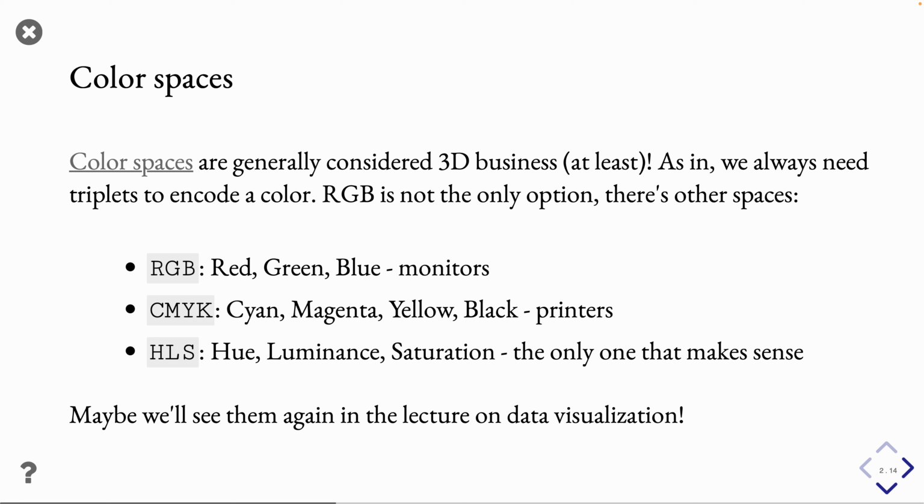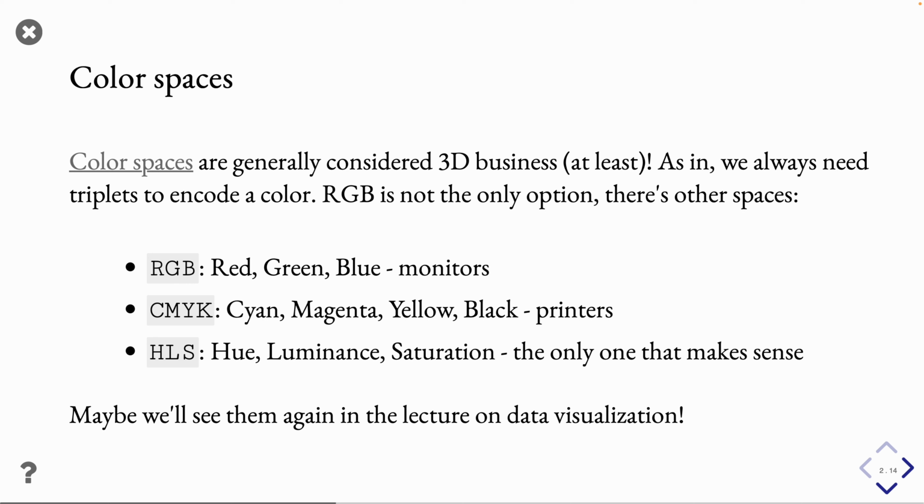Just to mention, this would be a full lecture in its own right, but a color space is a way of representing the color of an image. A lot of people have been studying the most efficient ways to encode information about color.